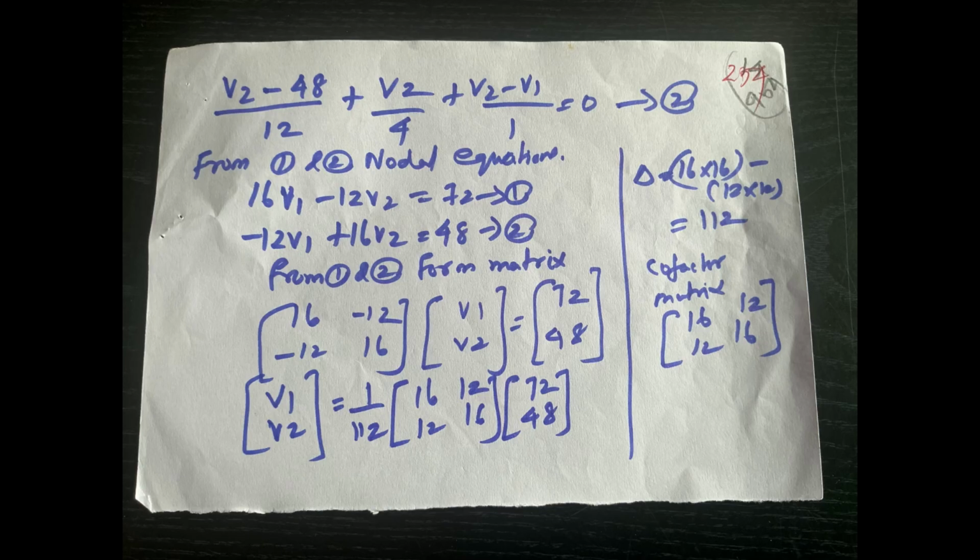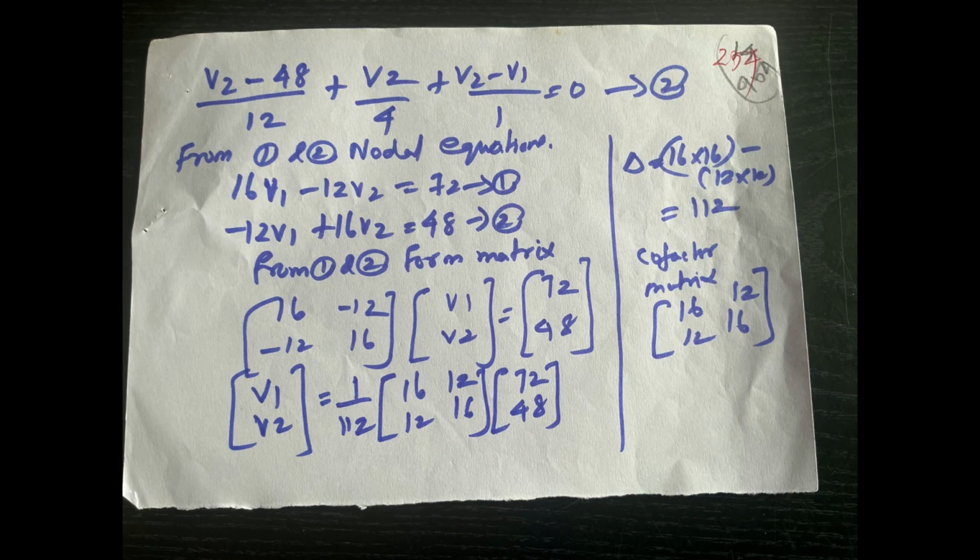The 48 volt and 12 ohm give (V2 minus 48) divided by 12. In this way we form the nodal equations.